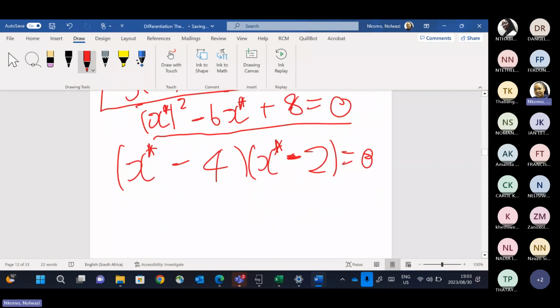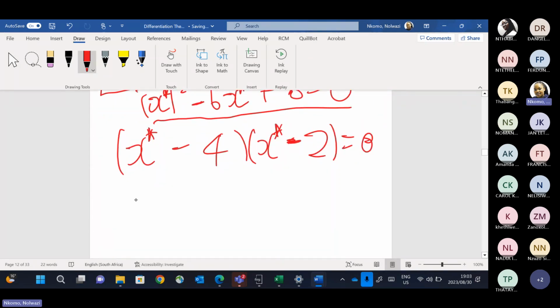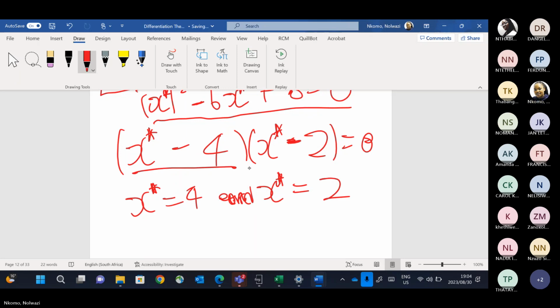Right, so this means we have x star minus 4 and x star minus 2, because it's either this is equal to 0 or this is equal to 0, right?